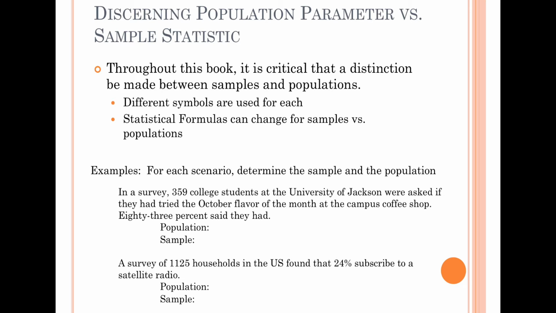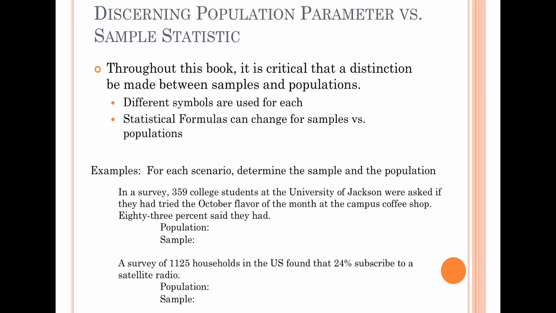Throughout this book, it's critical that we know the difference between them. And basically, the difference between them is their source. Did this number come from numbers that we collected from an entire population, or did they come from a sample of that population?